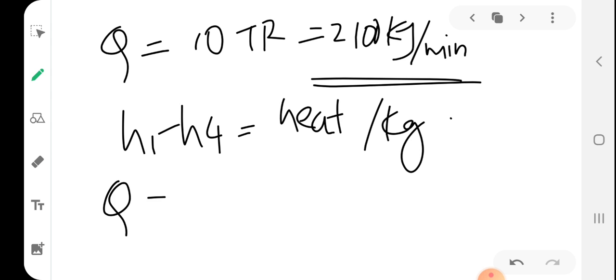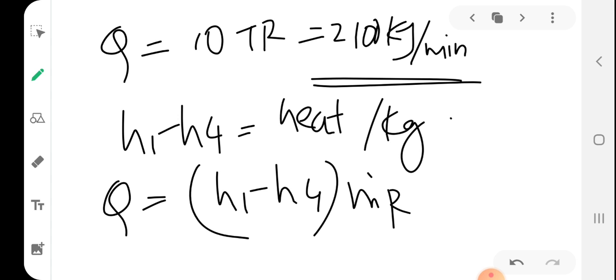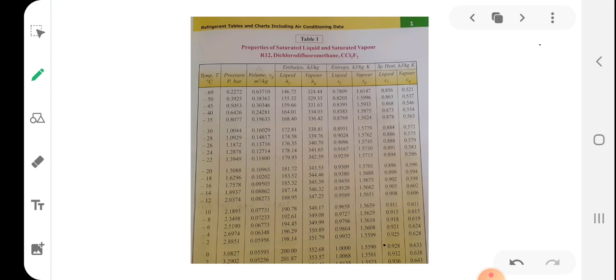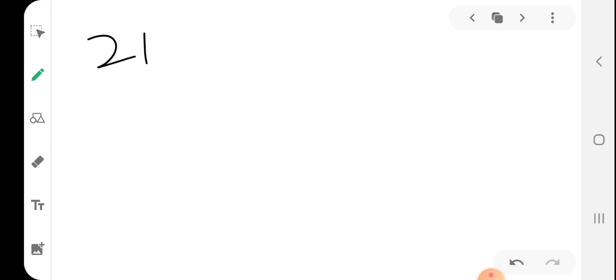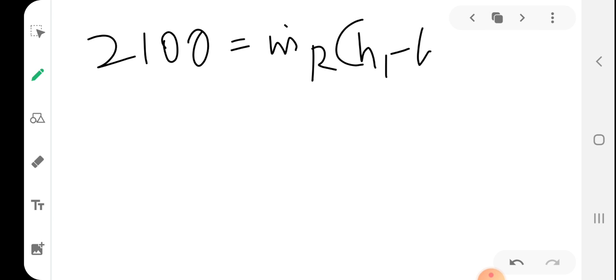So Q will be H1 minus H4 into m dot R. If you multiply it with the total mass flow rate, then you will get the total capacity. So you should multiply it with m dot R. H1 minus H4 you have to find out. Q is directly given. So here students, 2100 equals m dot R into H1 minus H4.